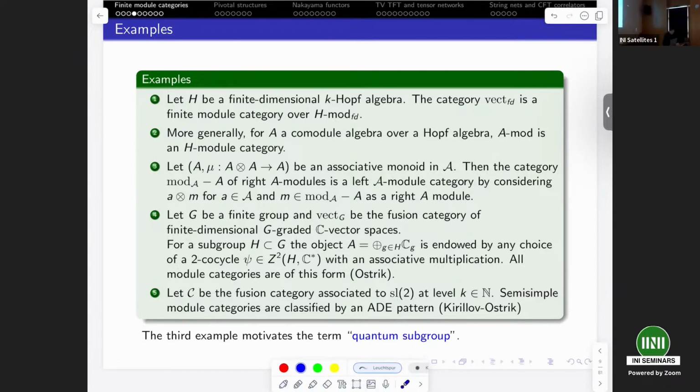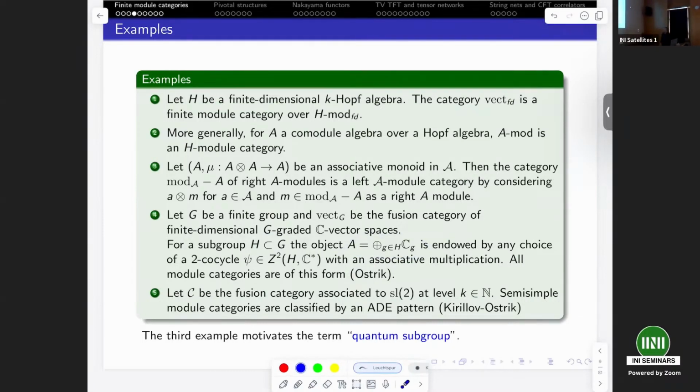And then there's an example we've also seen in Matti's talk. If you take G-graded vector spaces, then you can fix a subgroup, and then you take the object which consists of the simple objects in the degrees that are given by the subgroup.